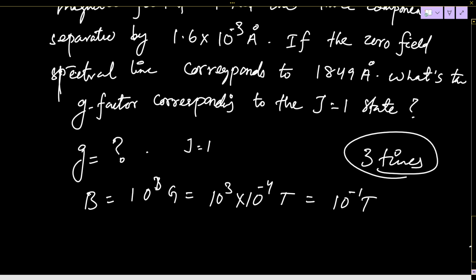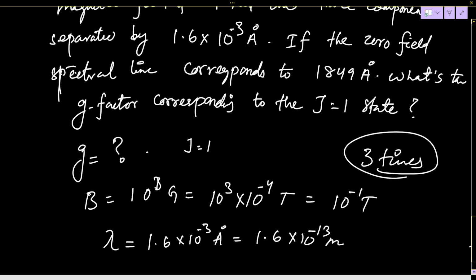If the zero field spectral line corresponds to 1849 angstrom, okay, zero field spectral line corresponds to 1849 angstrom. Just put it. Lambda is given, right? 1.6 10 to the minus 3 angstrom. That means 1.6 into 10 to the minus 13 meter.